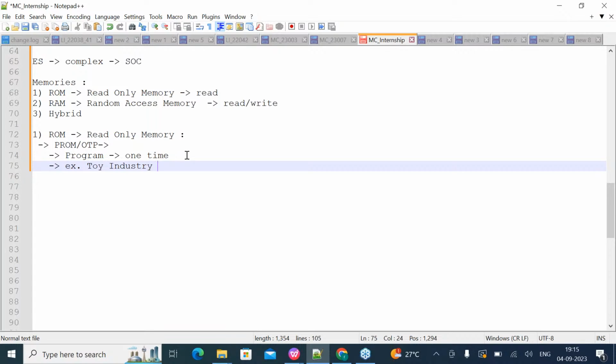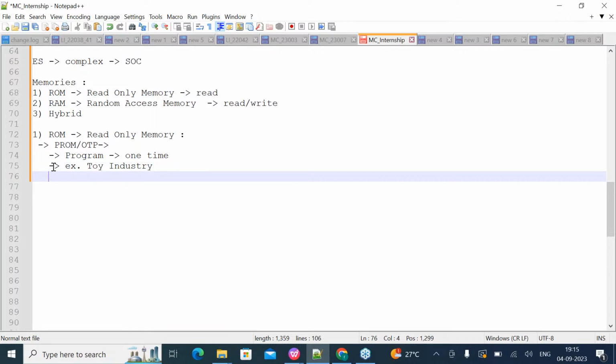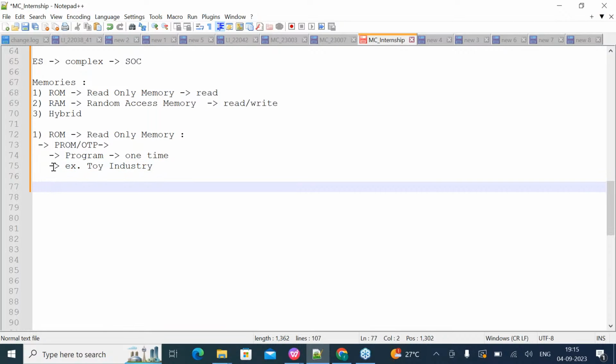Then let me talk about another category of the ROM. It is nothing but the EPROM, as you are saying correctly. EPROM stands for erasable programmable read-only memory.